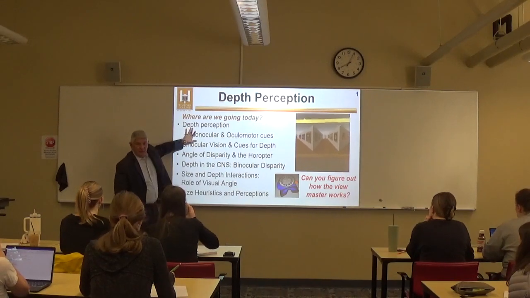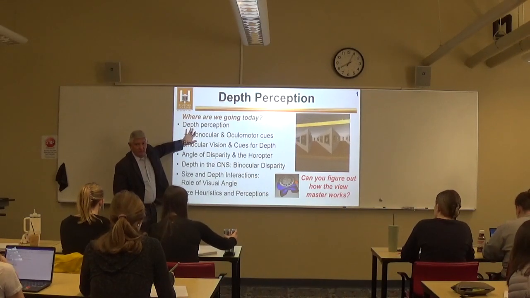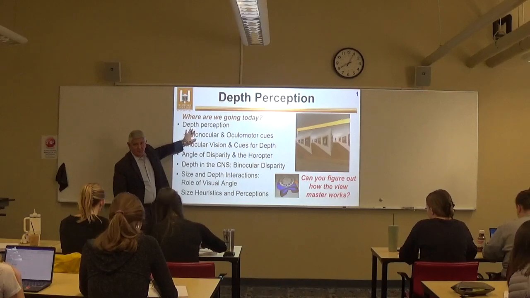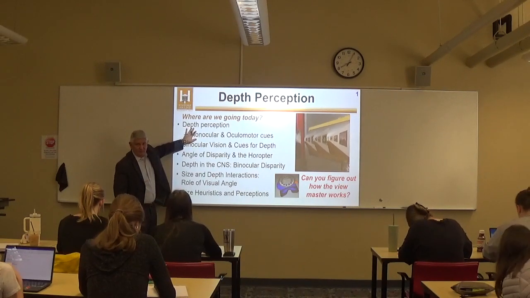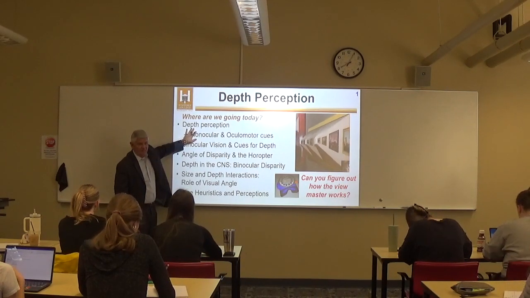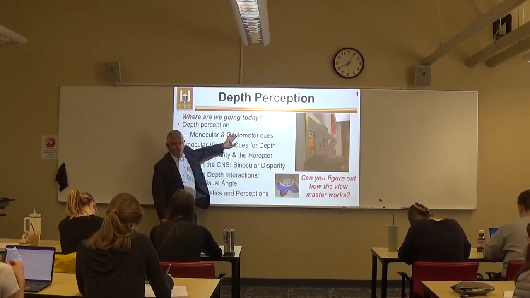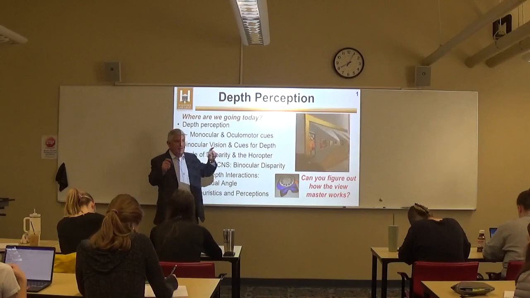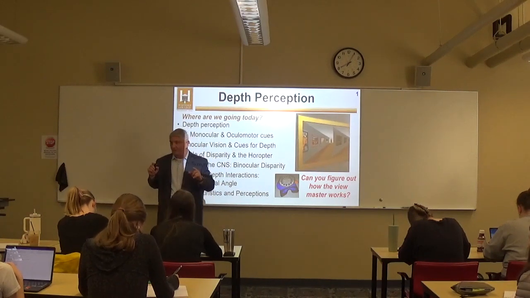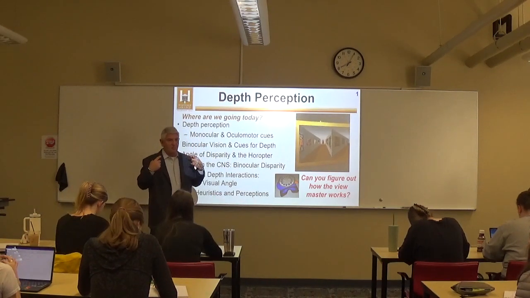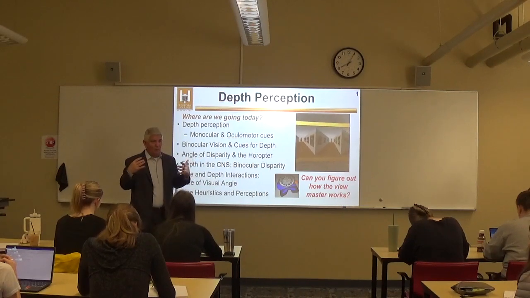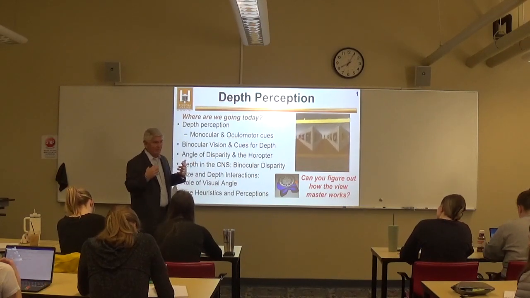Some of those are what we call monocular cues, meaning you can perceive depth with only one eye. You don't need both eyes. Then we have oculomotor cues, which means how our eyes move is a signal to our brain about what we're looking at and how far away something is.